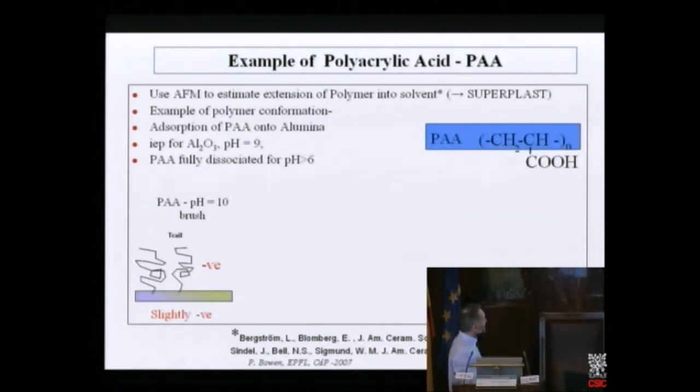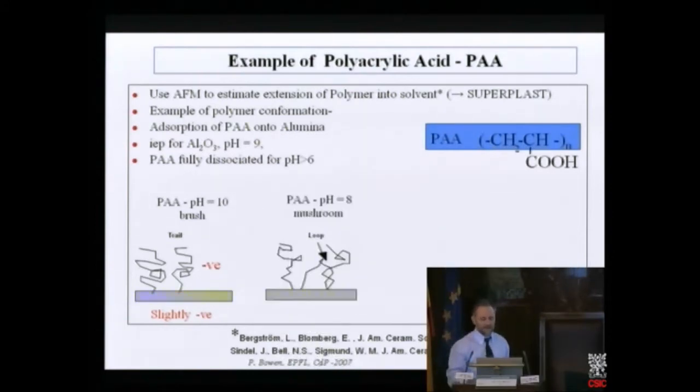But because we have a negative surface and a negative polymer, it adsorbs in what de Gennes described as the brush-like fashion. At pH 8, we have a surface that's slightly positive. The polymer is still highly negative, but we have a few more points where it can attach on the surface. So we have what's called the mushroom configuration. The mushroom configuration means that the density of polymer segments is slightly higher away from the surface than at the surface itself.